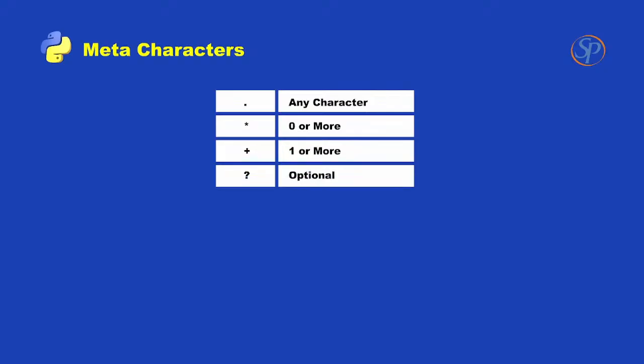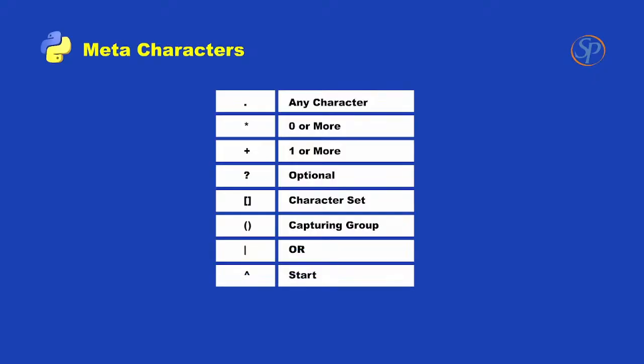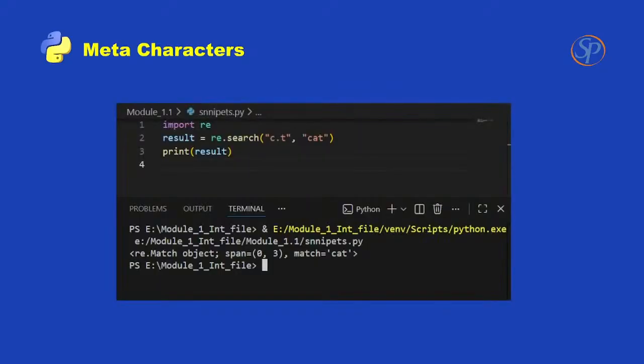Question mark, optional. Square brackets, character set. Parentheses, capturing group. A straight line for OR. A caret for start and a dollar symbol for the end. Examples, we'll see it now. If we take re.search, this matches cat, cot, anything that is provided in the brackets. Regex is not about matching letters. It's about matching patterns.